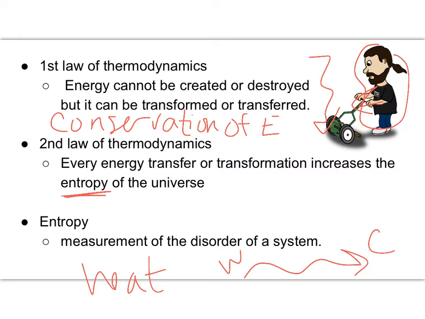In living systems, a living system doesn't have warm parts and cool parts. The temperature is uniform. So anytime these energy transformations occur and heat is released, that heat will just warm the entire system.